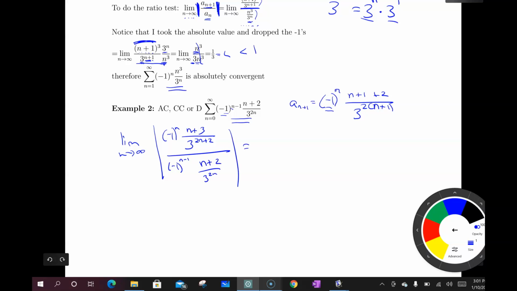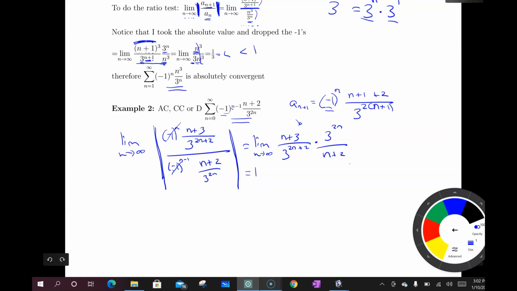Because of the absolute value bars, I'm going to cancel the negatives. So I get n plus 3 over 3 to the 2n plus 2 multiplied by the reciprocal, right? And I don't need absolute value bars because the n's are always positive. So I got rid of the negatives, and you can go right to this step if you'd like.